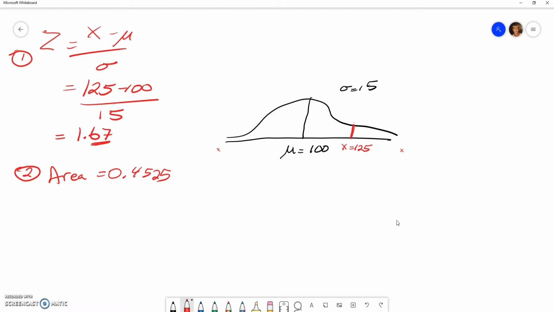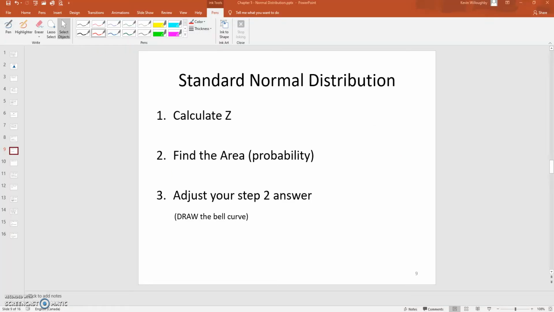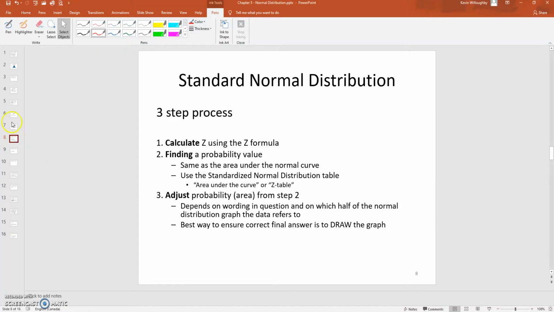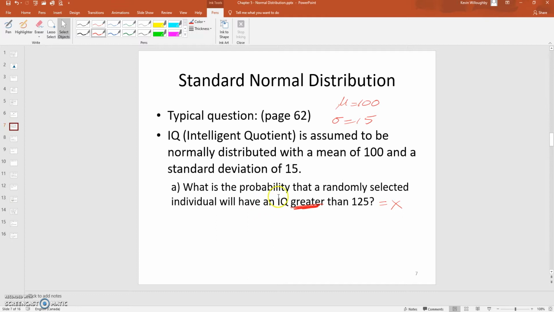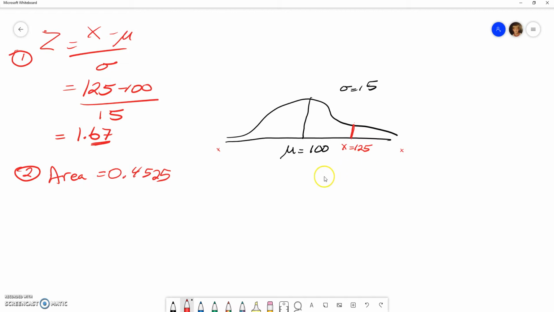The original question, we can go back to that, asks us to calculate the probability that a randomly selected individual will have an IQ greater than 125. That is a keyword we need to determine what area we actually shade in. So I'm going to change this color again. Basically it says greater than 125, so we want all of this area here.